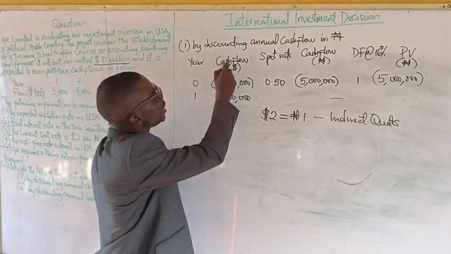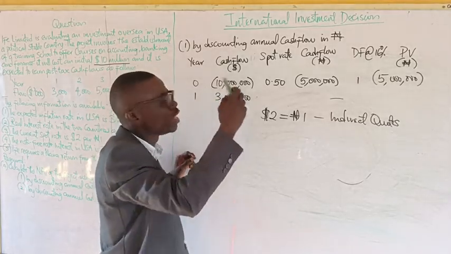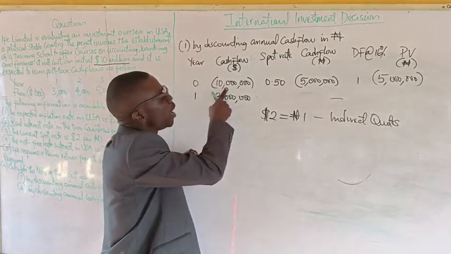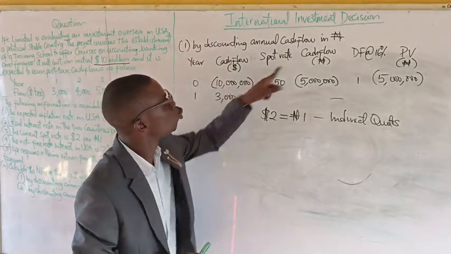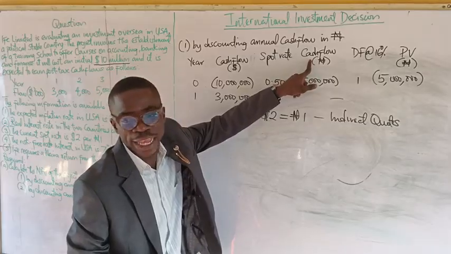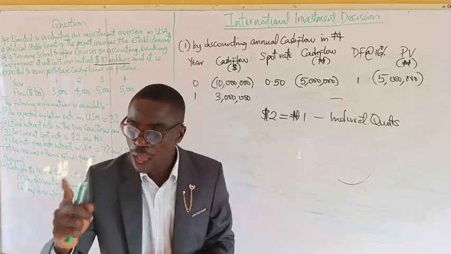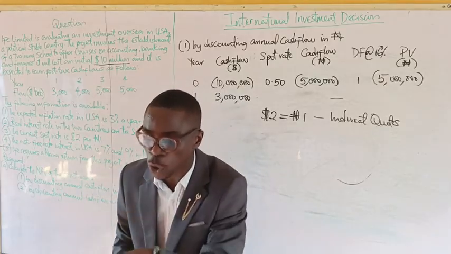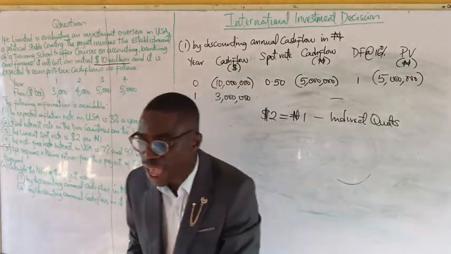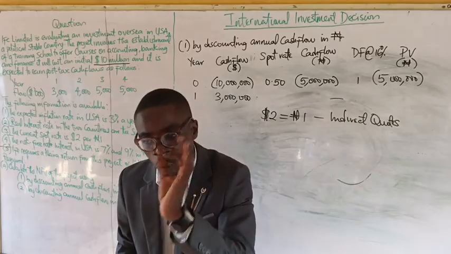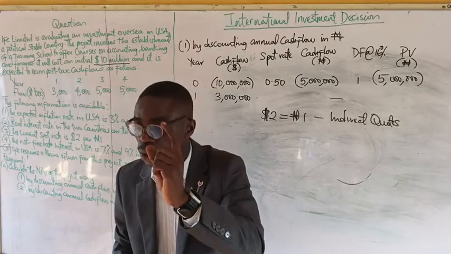They now say the initial cash flow, that means cash outlay, is $10 million. Now, I want to convert this $10 million to the cash flow in naira. Is it going to be times 2? You are not going to be times 2. You want to convert $10 million to naira, and they said $2 is equivalent to 1 naira.